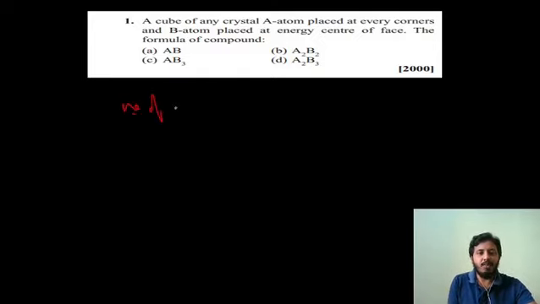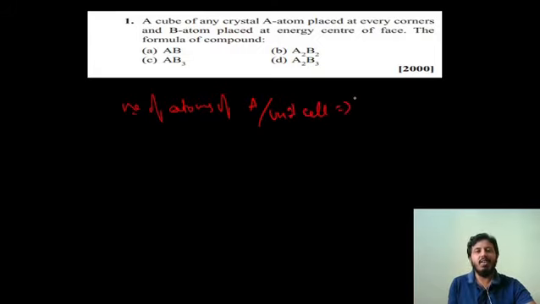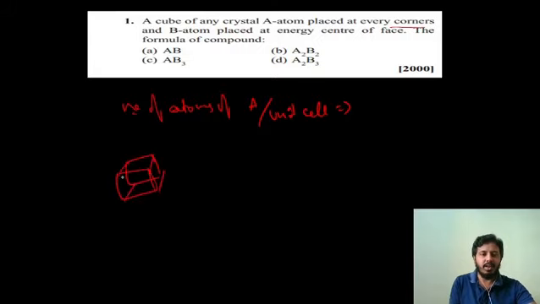So the number of atoms of A per unit cell is, where are the A atoms present? They are present at every corner of a unit cell. If you consider any unit cell, you get 8 corners.